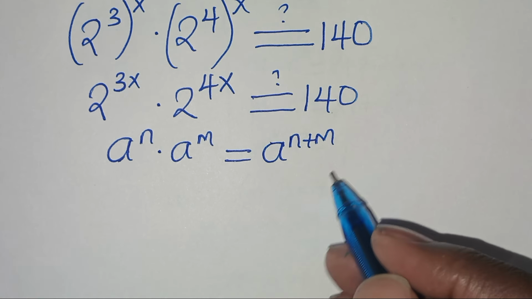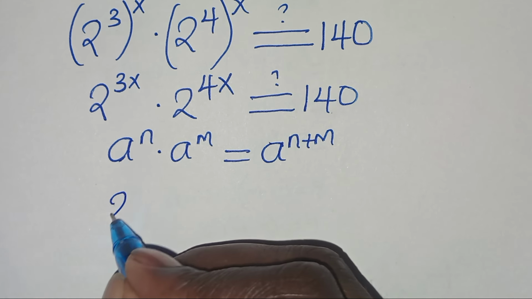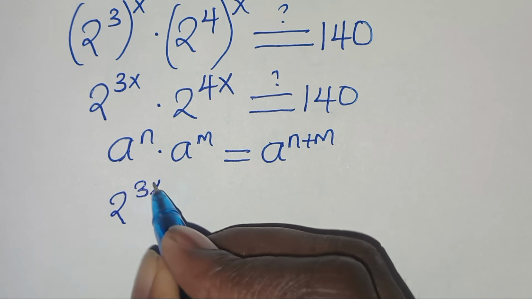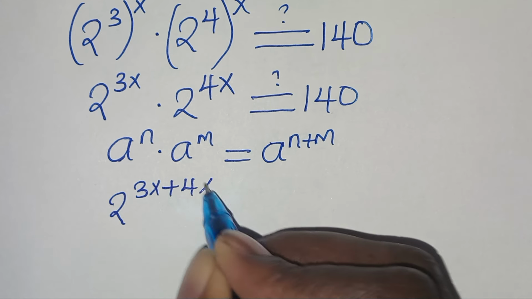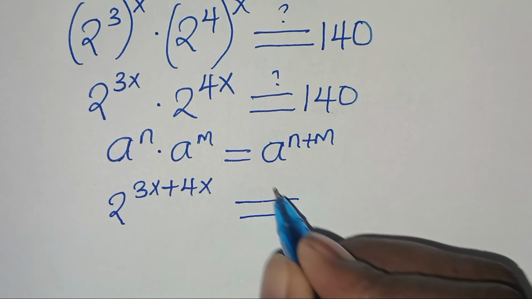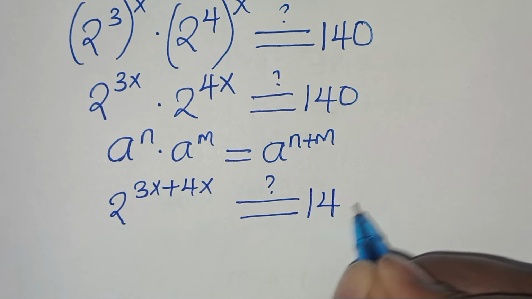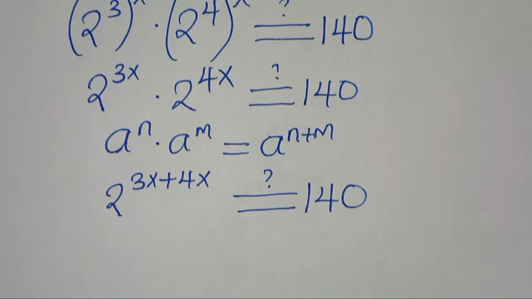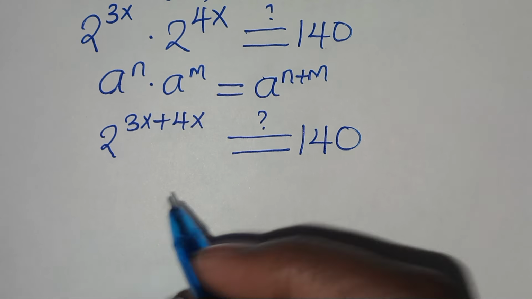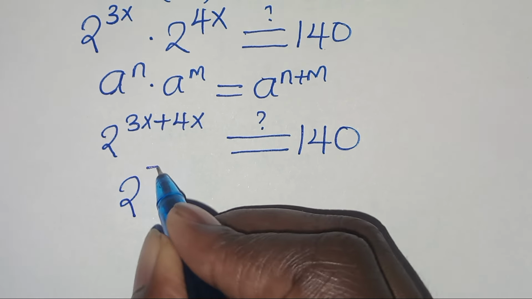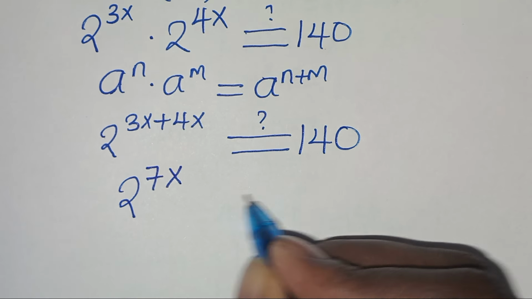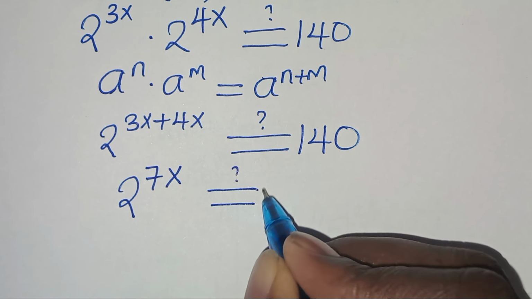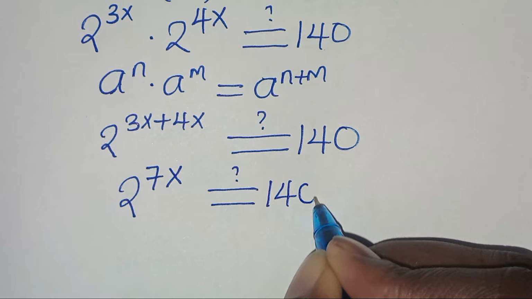Applying this exponent property, then we have 2 to the power of 3x plus 4x. This is supposed to give us a value of 140. So we have 2 to the power of 7x. This should give us a value of 140.